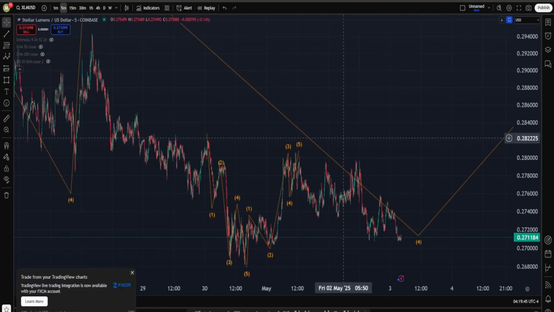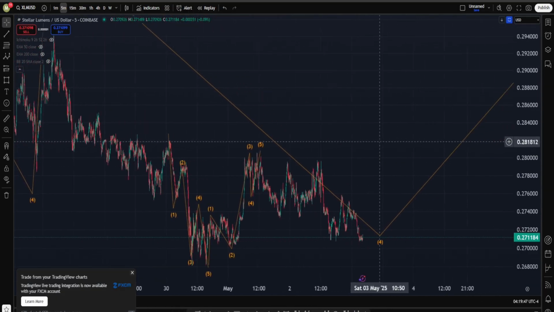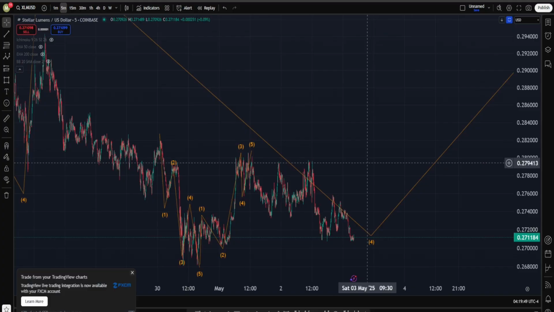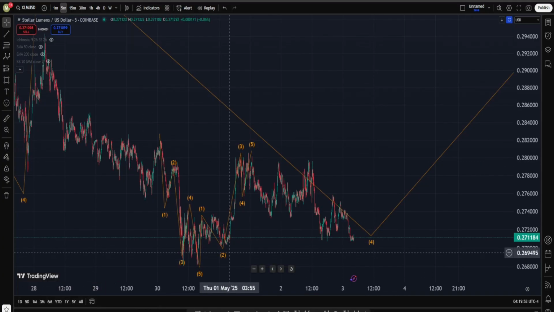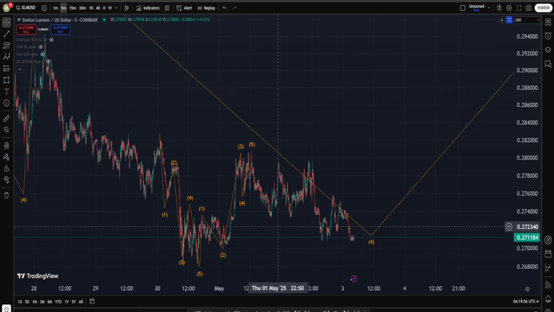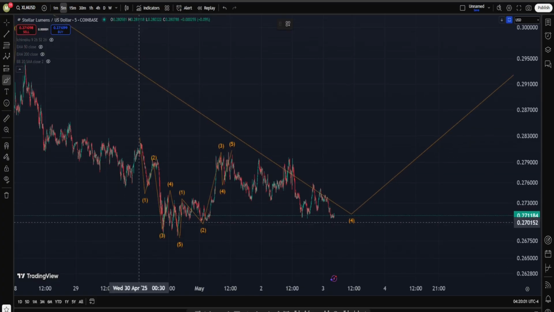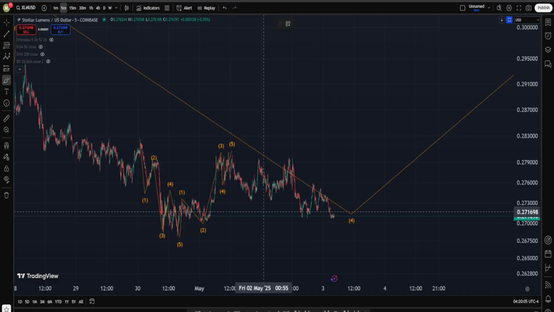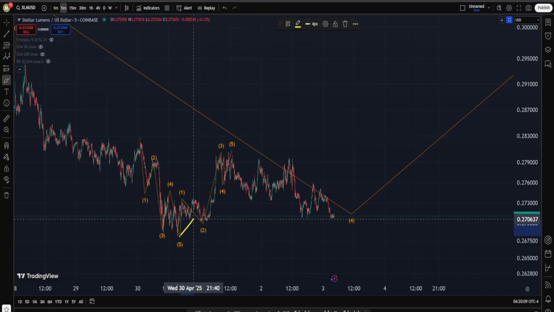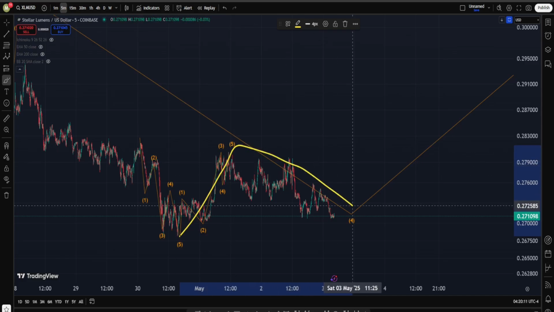And I'm hoping that this is going to be a correction structure, but hope is not really enough. Any kind of scenario should have some invalidation points, so you don't really stick with that forever. I think the invalidation point for this possibility is going to be taking this low about, let's say, 26.8 cents. So as long as we're not doing that, I think we can consider having maybe 5 up, followed by a correction down.